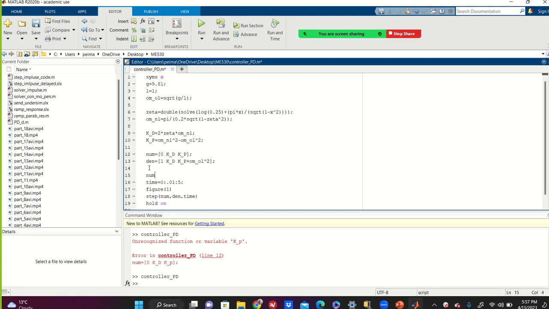Okay, I'm gonna plot versus the original row without controller. Num is 0, 0, 1. This is controlled. This is uncontrolled.